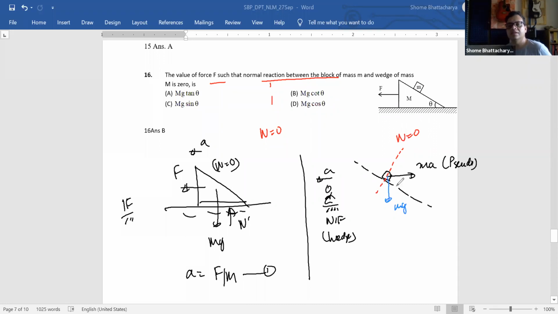So the condition for the normal contact force to be zero is that, as you can see, the sine component of pseudo force should balance the cos component of weight. This is the condition for normal reaction to be zero.